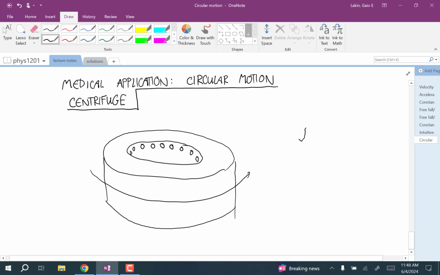So let's think of one of these with the plastic lid to open. You have a sample of some kind of liquid there. You put this in these spots. You spin it around really fast.